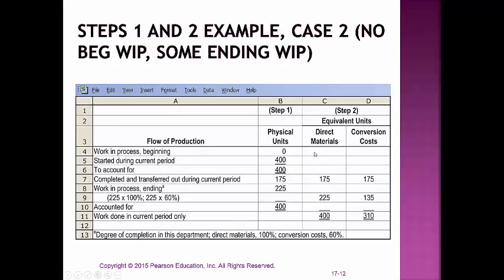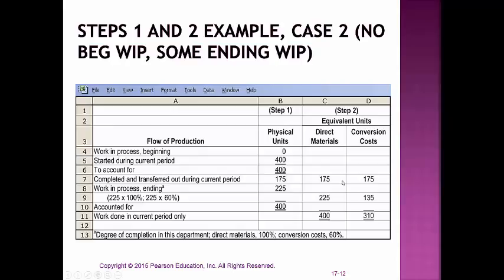Now let's calculate the equivalent units. And this is where you have got to make darn sure that you're doing this particular area correctly. In regards to our completed and transferred out during the current period, they were started in this period and they've been 100% manufactured and completed during this period.